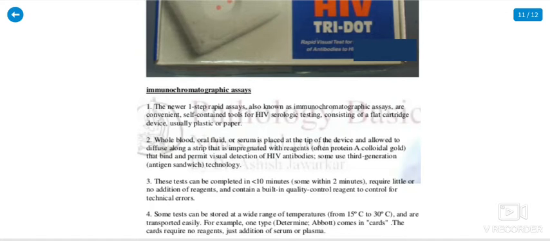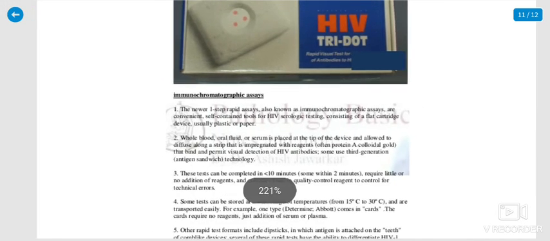They are transported easily. For example, one type, Determine, comes in cards. The cards require no reagents, just addition of serum or plasma.